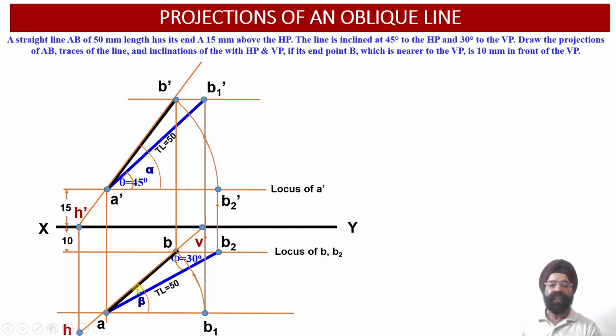Wherever the plan projection line itself or its extension intersects with the XY reference line, we obtain the point V, and from this point V, in the perpendicular direction with respect to the XY reference line, we extend this vertical projector line so that it intersects with the elevation projection line A dash B dash itself or its extension.